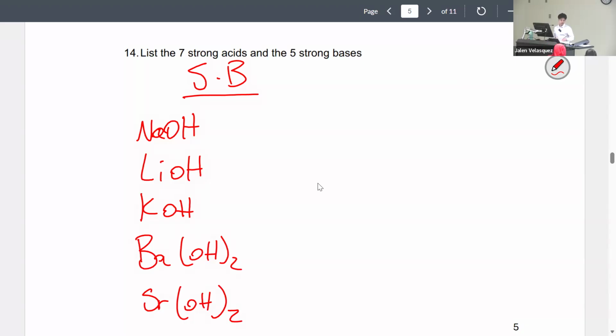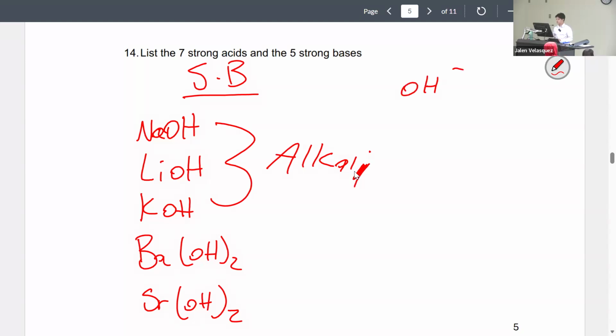And any questions about the strong bases here? Yeah. So these are made of the alkali, right? Because notice there's no subscript there, because the alkali metals make a +1 charge, and hydroxide we know is -1.